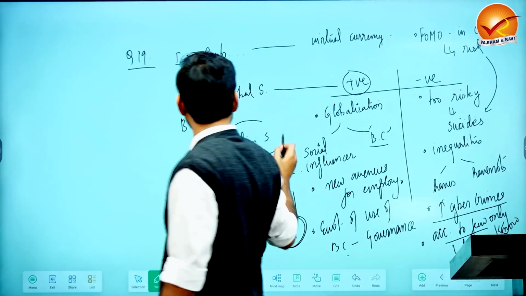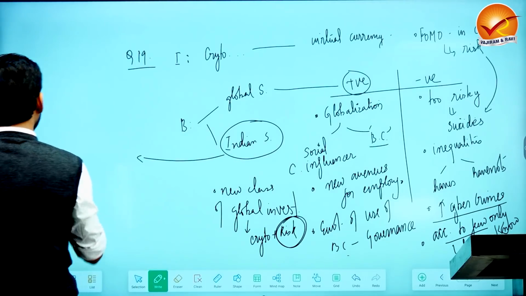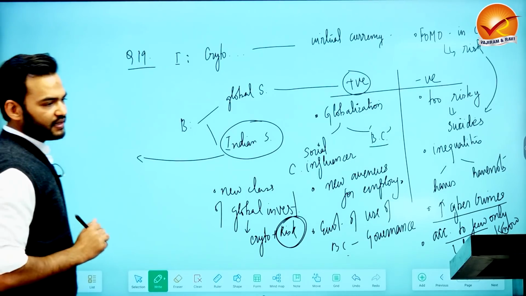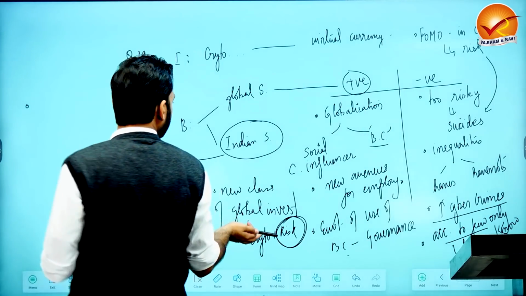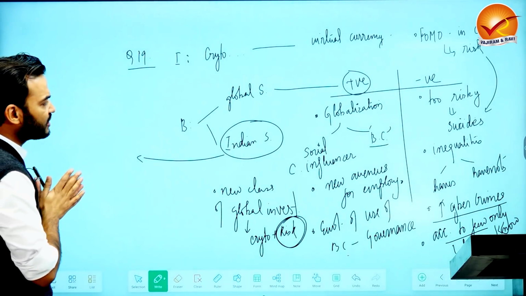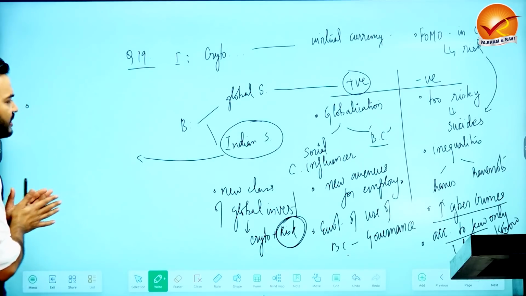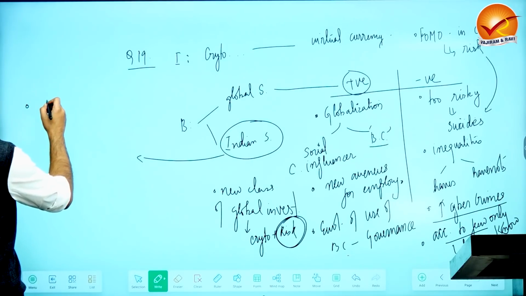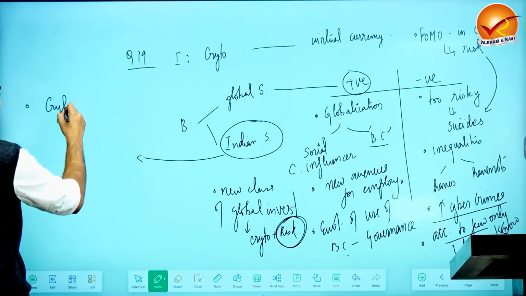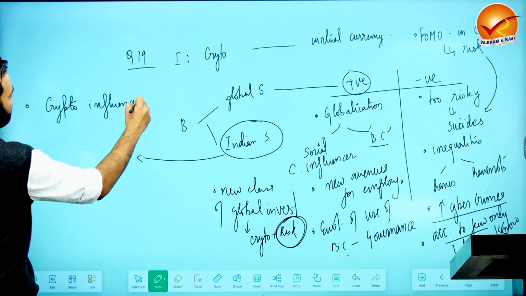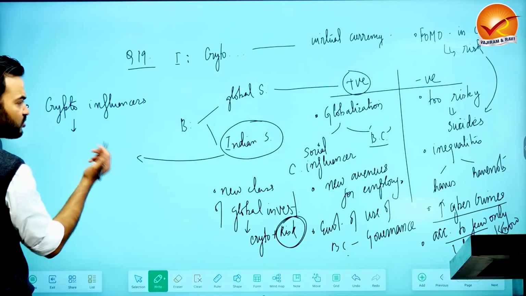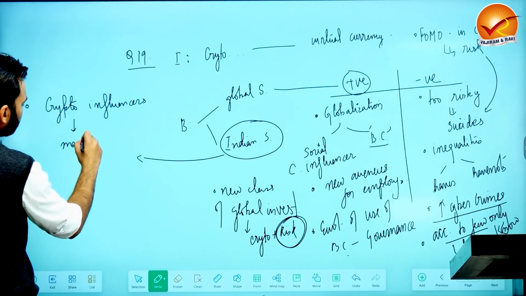Then how has it impacted Indian society? Let us see. The way it has affected global society, it has impacted Indian society similarly. Again, in Indian society, there are crypto influencers who have power to manipulate the crypto coins.